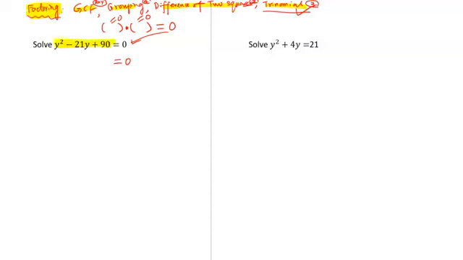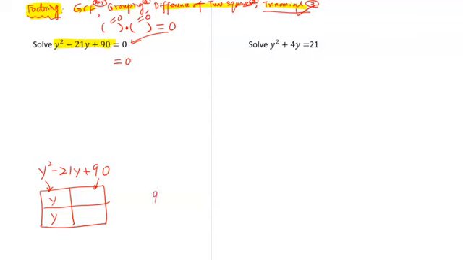For the factoring process, I'm going to do it on my scratch paper. I draw a 2 by 2 box, and then in the first column, we break down y squared, that is y times y. In the second column, I break down 90. Now, to break down 90, there are different ways.